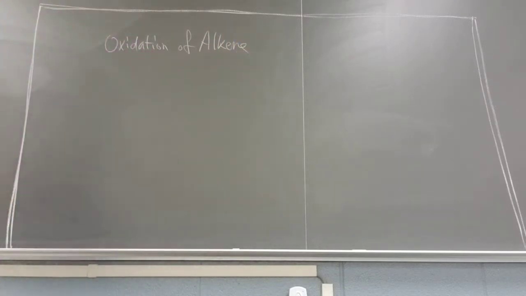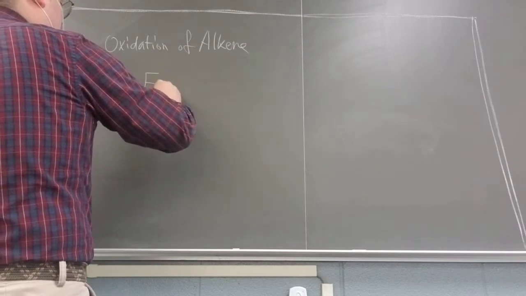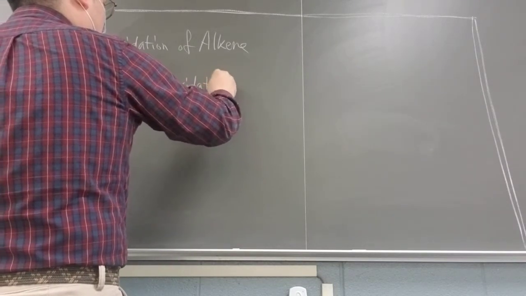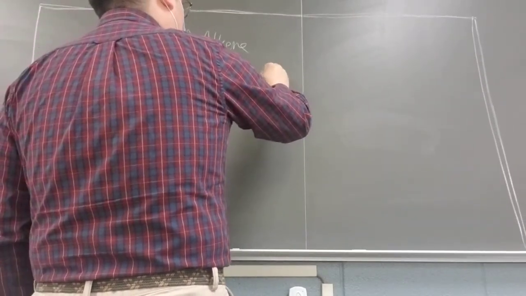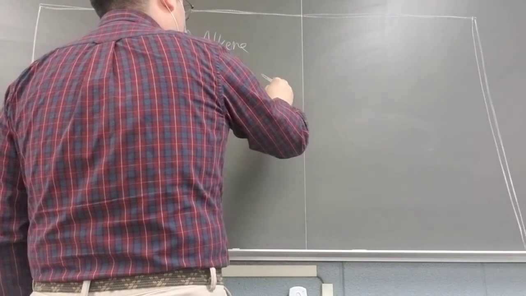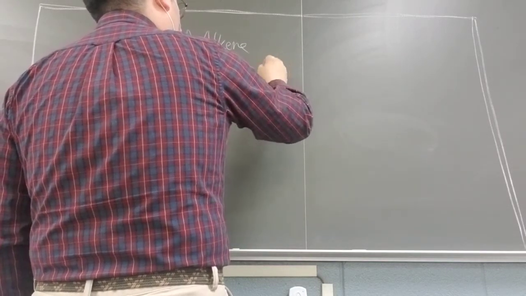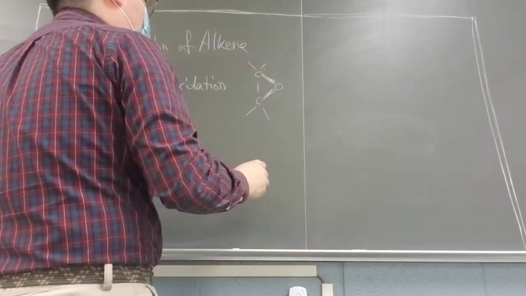Alkene. There's the reaction we call epoxidation. This is simply, we try to make some cyclic ether from the alkene.